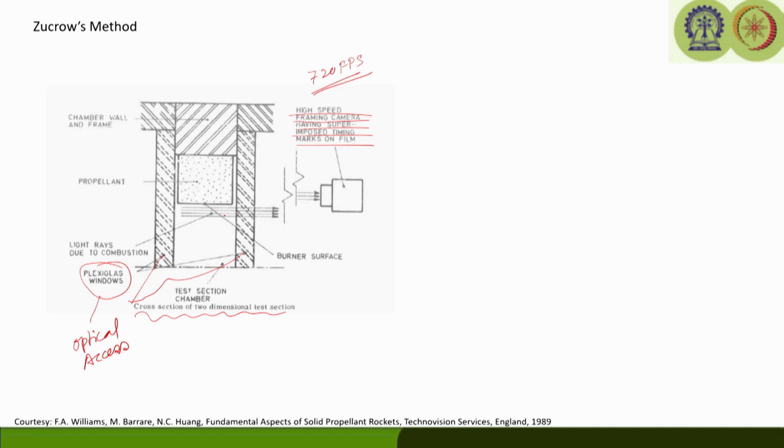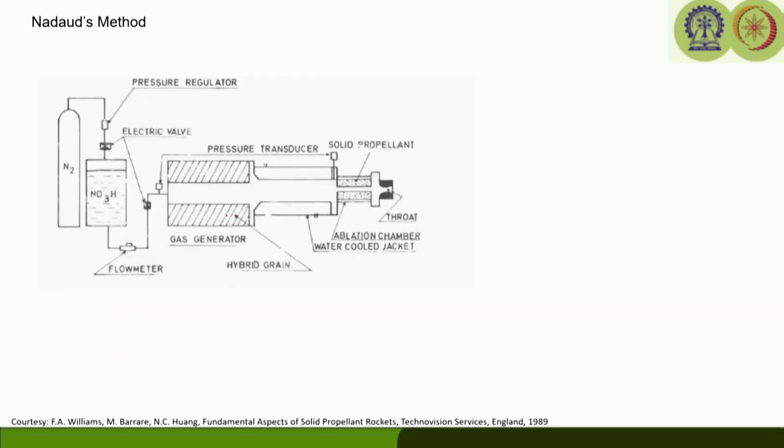Now, there is another method, as we discussed. This is again part of the laboratory methods. This method is comparatively a modified method, proposed or conducted by Nadaus. In this method the setup consists of, instead of the solid propellant gas generator, a hybrid gas generator which is using solid fuel.